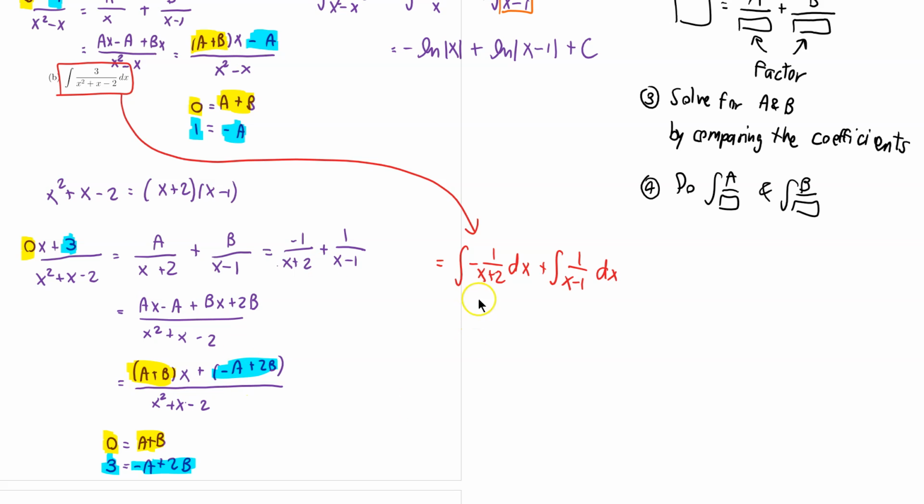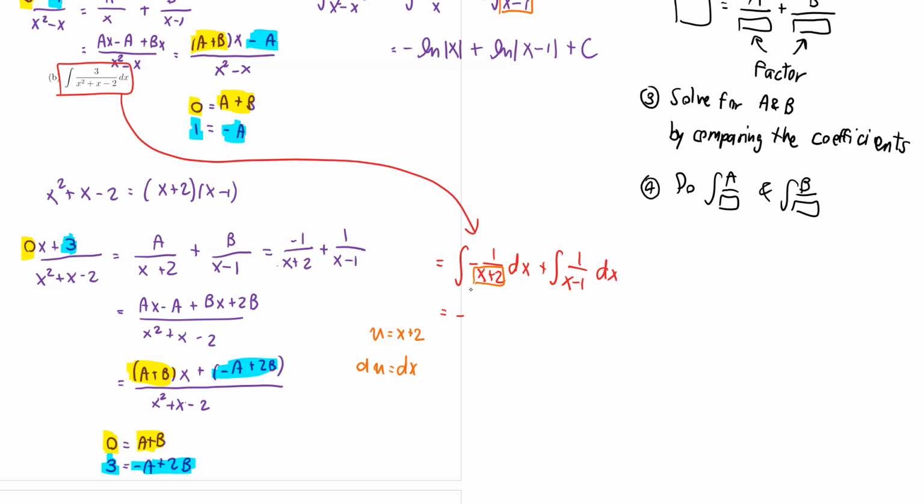Now I can integrate these two things using u substitution. So in the first case, I'm just going to let u equal x plus 2. So I'm going to just write out the answer here. My u is going to be x plus 2, so my du is going to be just dx, and then the negative sign will just stay there.